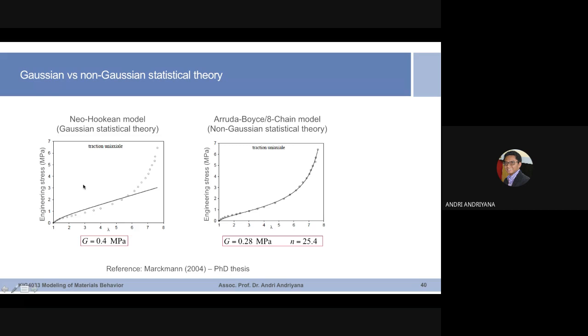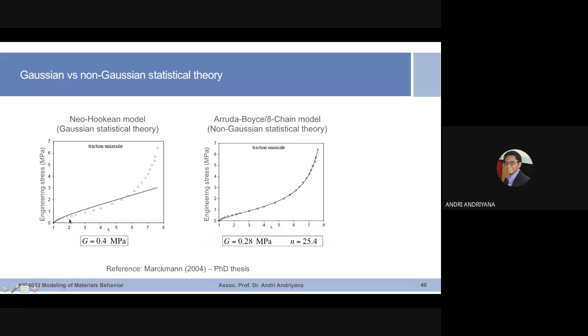This is if we use neo-Hookean, where the value of shear modulus is 0.4 megapascal. So this is what we can get. As you can see, the theoretical predictions coincide with experiments only up to almost lambda equal to 2.